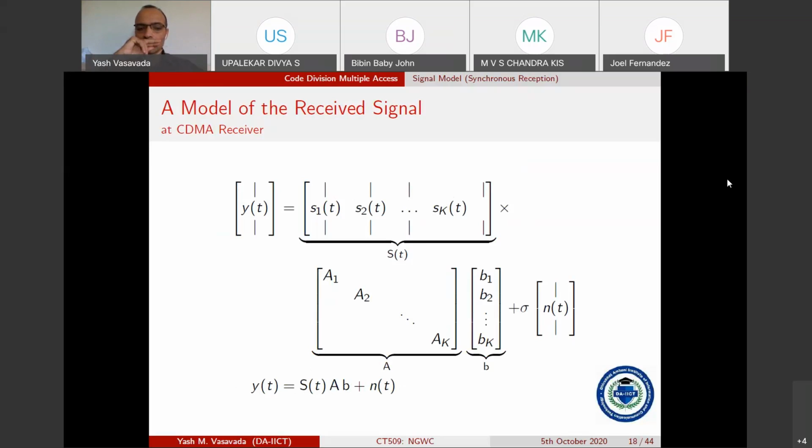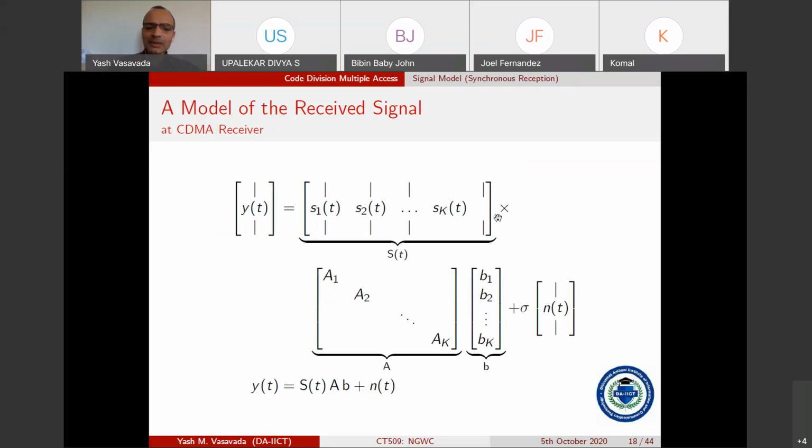Yes, sir. Sir, if S of t times A will be equated as W Hermitian, then Y of t will be... Why W Hermitian?